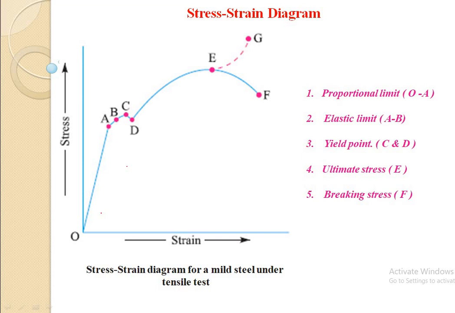The values of stress and corresponding strain are used to draw the stress strain diagram of the material which is tested. As shown in the diagram, this is the stress strain diagram for a mild steel under tensile test.